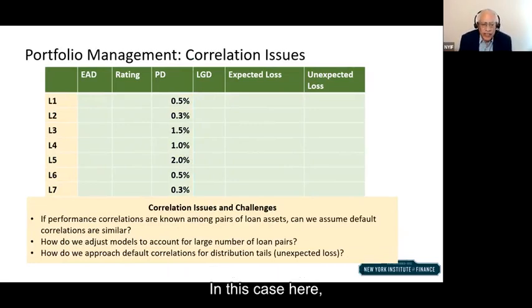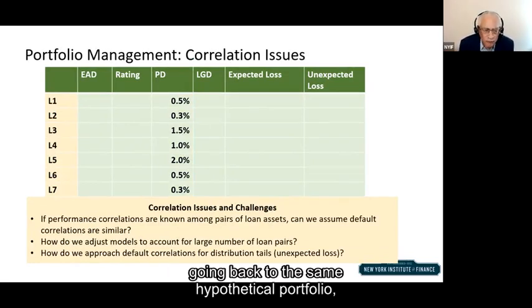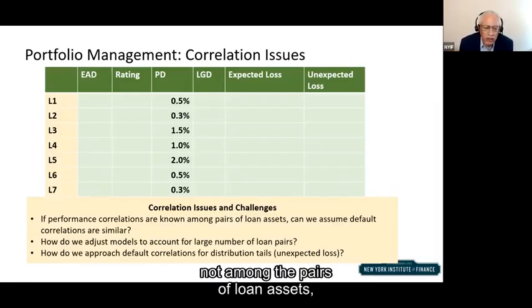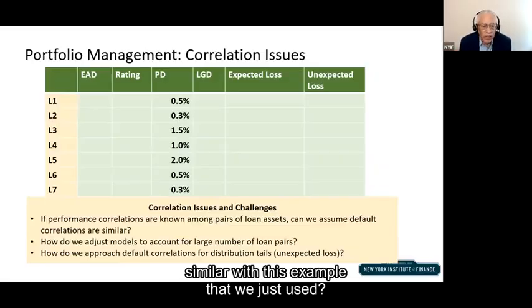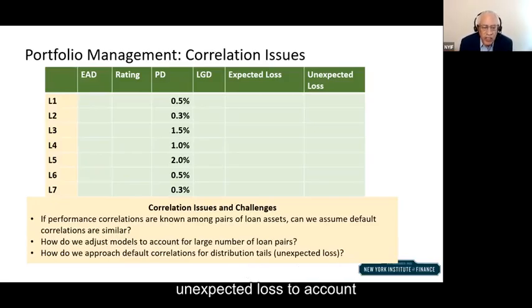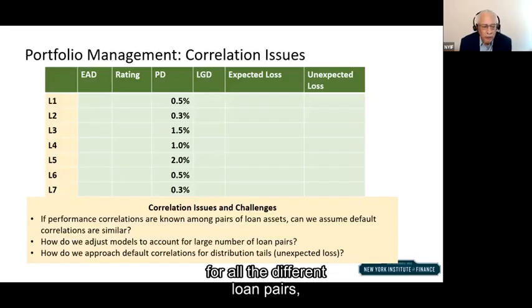In this case, going back to the same hypothetical portfolio, if performance correlations are known among the pairs of loan assets, can we assume the default correlations are similar, with the example that we just used? How should we adjust the model in calculating unexpected loss to account for all the different loan pairs?